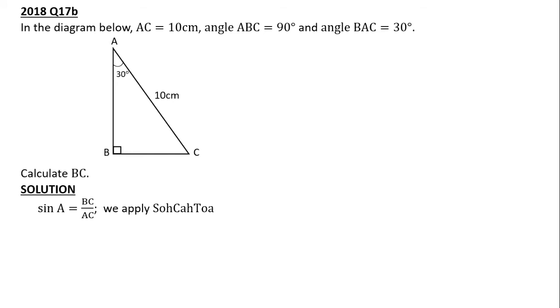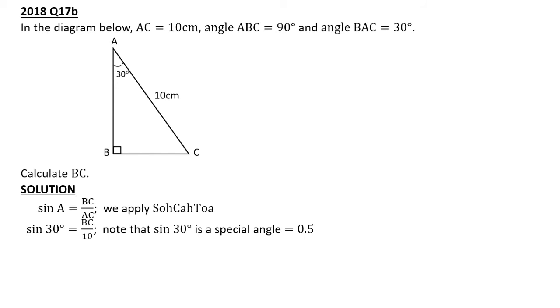So we'll apply our SOHCAHTOA, which means sine is opposite over hypotenuse, cos is adjacent over hypotenuse, tan is opposite over adjacent. So sine 30 degrees is equal to BC over 10. Take note that sine 30 degrees is a special angle, which is 0.5.